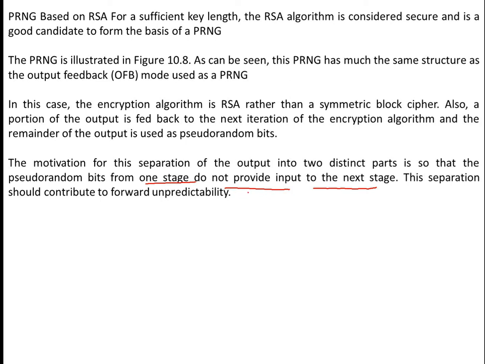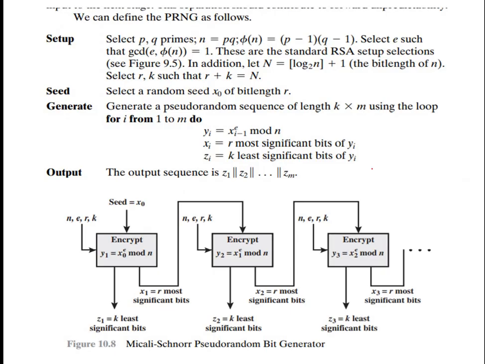So what are we doing here? Separating the output into two distinct parts so that pseudo random number bits from one stage do not provide input to another stage. You can see here, the pseudo random number we are not giving as input to the next one. The pseudo random number is separated from the output.